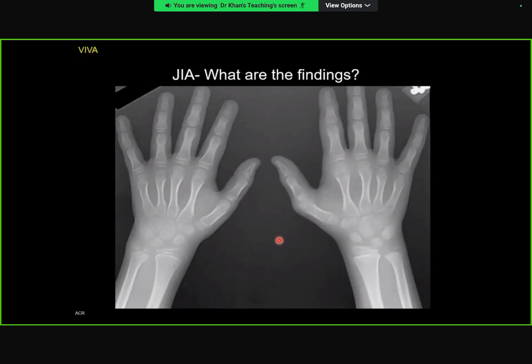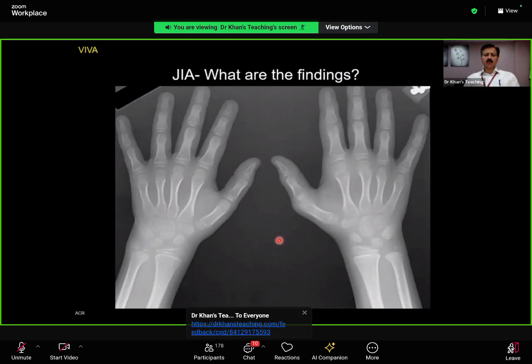Okay, so this is a frontal radiograph of both hands for a child. The picture's not the best, but I think that there is almost bilateral symmetrical periosteal reaction. Yeah, don't worry about it.